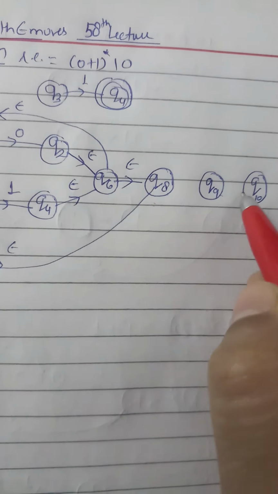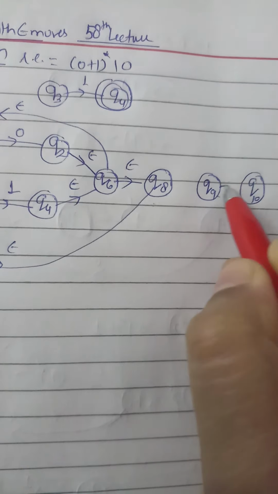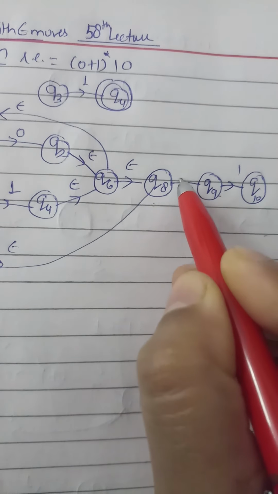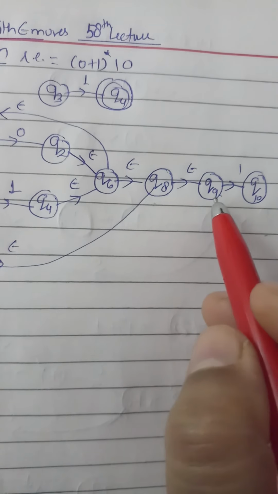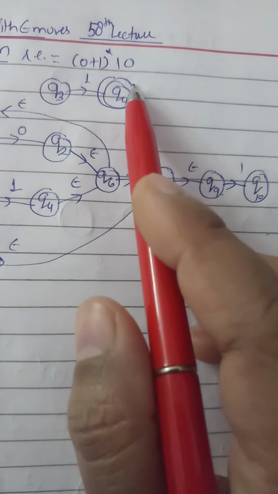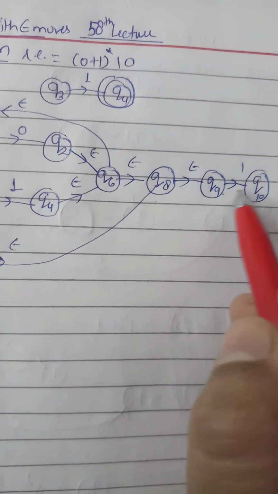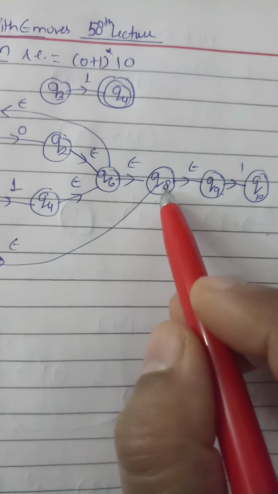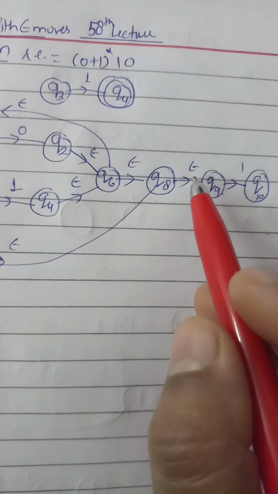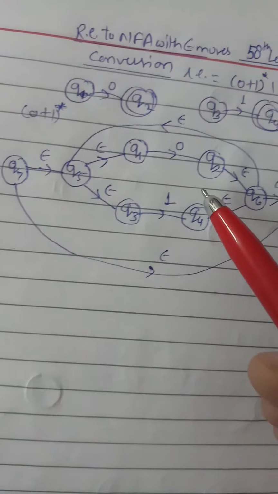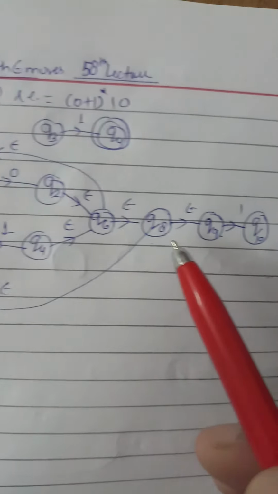We have Q9 and Q10 with 1, which we add with an epsilon move. So this is (0+1)*, to which we add 1 with epsilon.